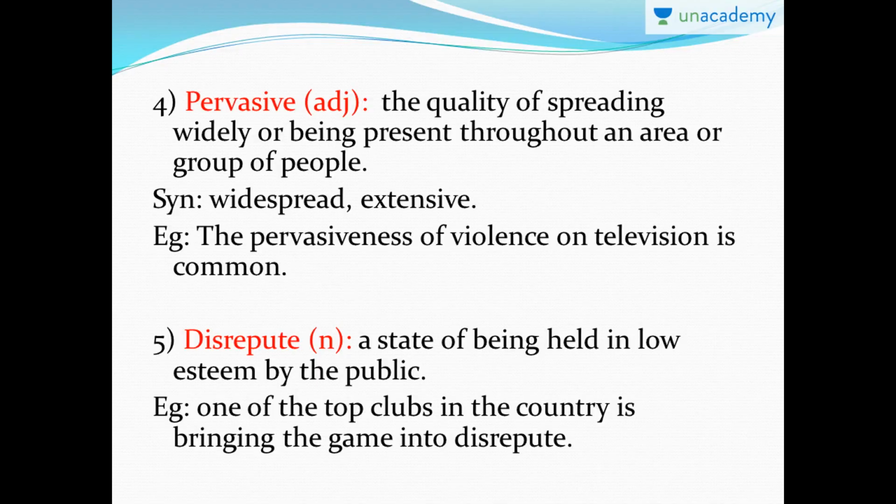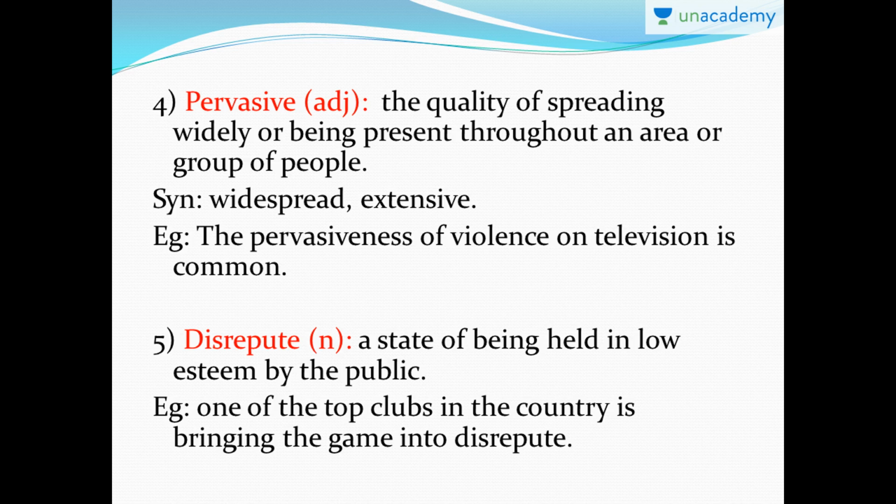Now the next word is pervasive. Pervasive is an adjective, that means the quality of spreading widely or being present throughout an area or group of people. This simply means widespread or being present throughout the area. The synonyms are widespread and extensive. Extensive is huge coverage.